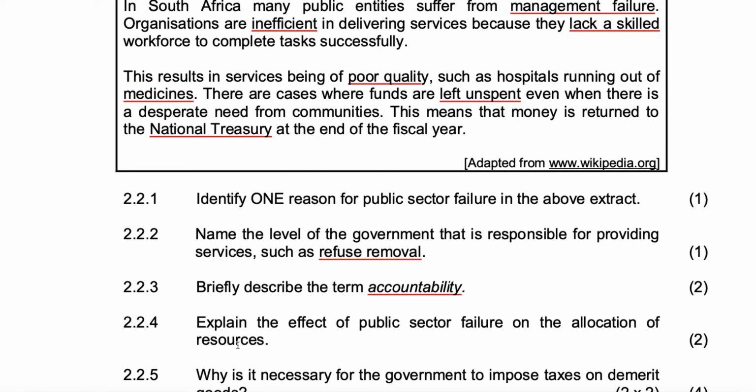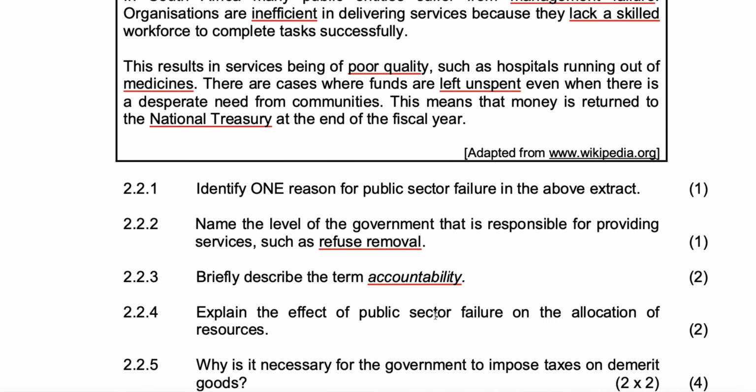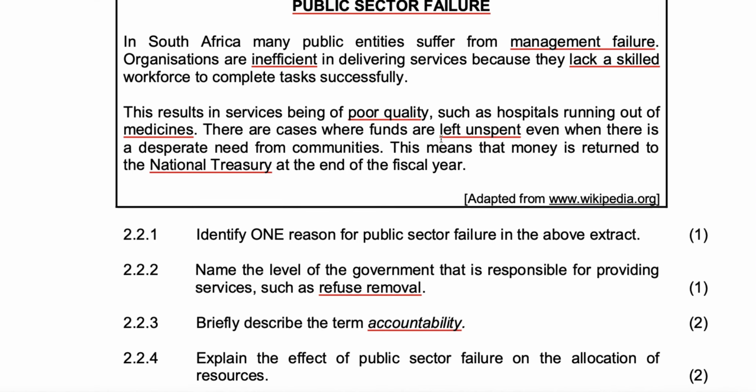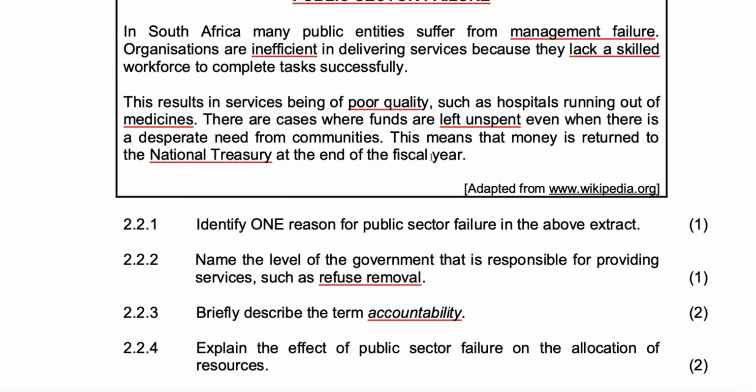Explain the effect of public sector failure on the allocation of resources. This one, you have to think DESA. I don't know if you know what I mean, but that's a mnemonic that I use for effects of public sector failure. So it says here, explain the effect of public sector failure on the allocation of resources. If resources are not allocated efficiently, it can affect distribution of income.